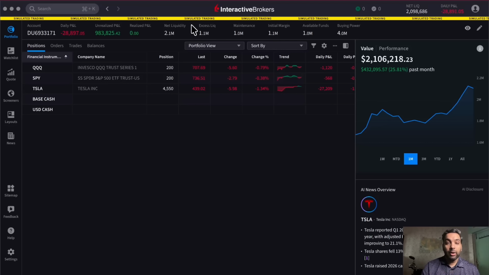So the third one is a very underrated tool that's available on multiple apps, but I'm going to talk about Interactive Brokers. The third one is my personal favorite, and it's none other than the screener.